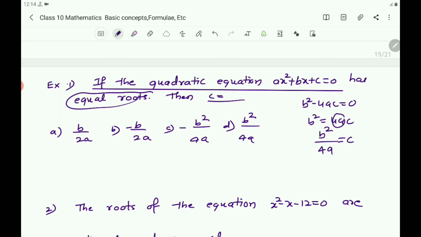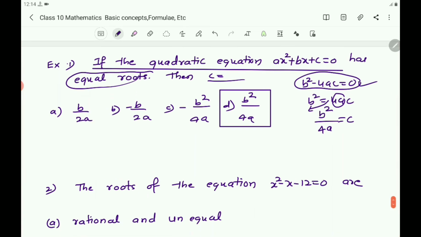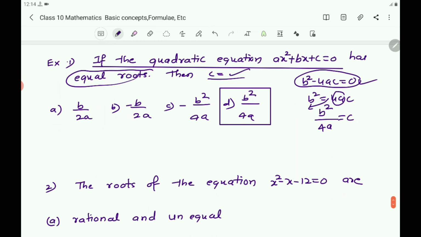If this 4a is transferred to the LHS, it comes to the denominator. So the answer is b square by 4a. The option is D. In this way, if the roots are equal, you must take b square minus 4ac equals 0, then solve for c.